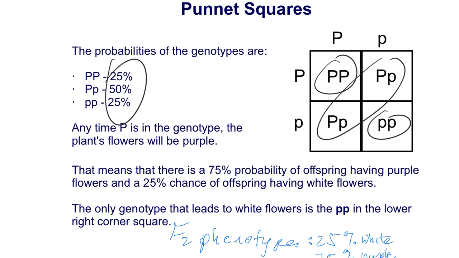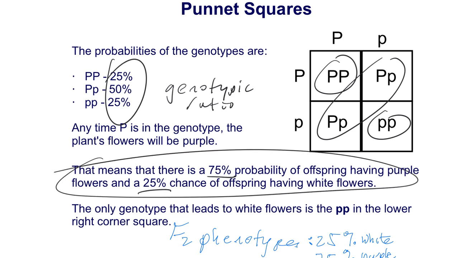That is the genotypic ratio, but the phenotypic ratio would be 75% to 25%, 75% purple, as I said down there.